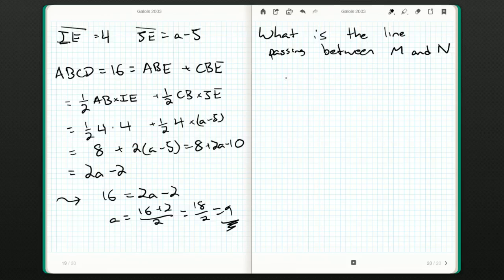It's the y-coordinate of N minus the y-coordinate of M, over the x-coordinate of N minus the x-coordinate of M. That's the slope. So that's 3 over 6, so it's 1/2. So we have a slope of 1/2, that's great.